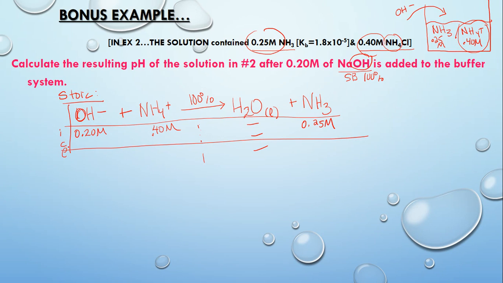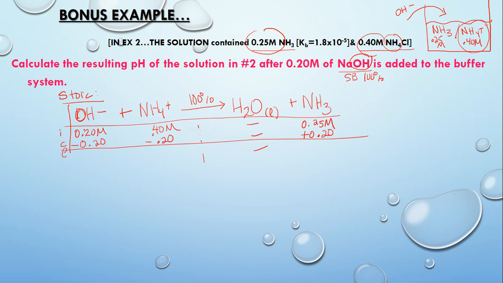Your change, instead of defining it in terms of X, is whatever number is your smallest amount. In this case it's hydroxide, which is going to get completely consumed, which means all of this is going to be used up. So you're going to say minus 0.20. Since the ammonium is a reactant, it's going to have to sacrifice some of itself in order to use up the hydroxide, so minus 0.20. And over here, since this is a product, plus 0.20.